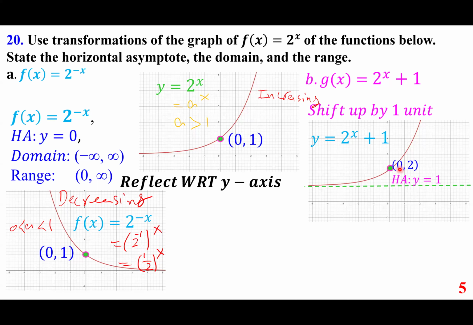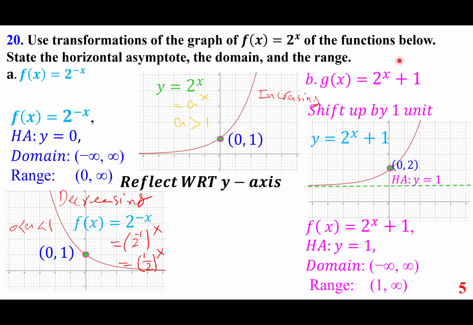But the domain, again, if you cut it along the x-axis, it still gives you negative to positive infinity. But the range has changed. The range in these two cases, 0 to infinity, the range starts from here, 1 to infinity. So for this function, f(x) = 2^x + 1, horizontal asymptote has changed to y = 1 from y = 0.